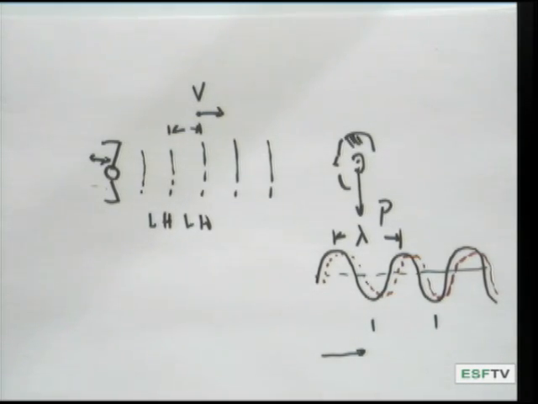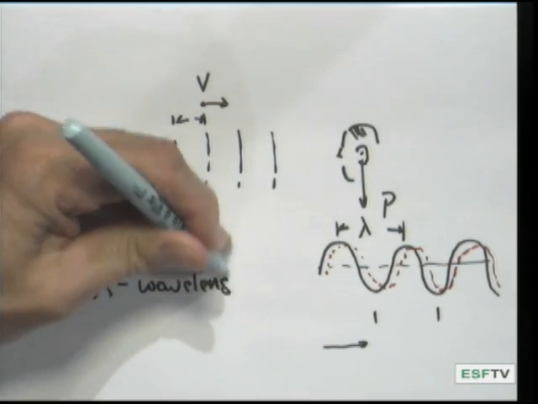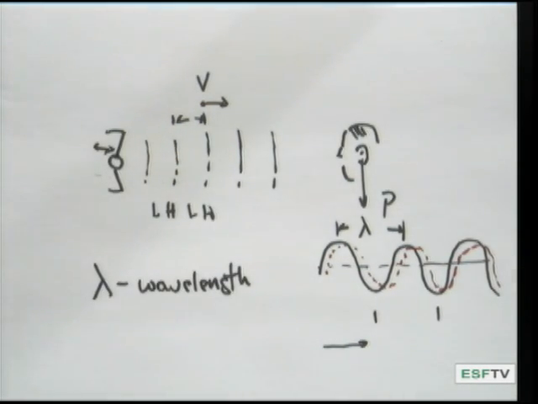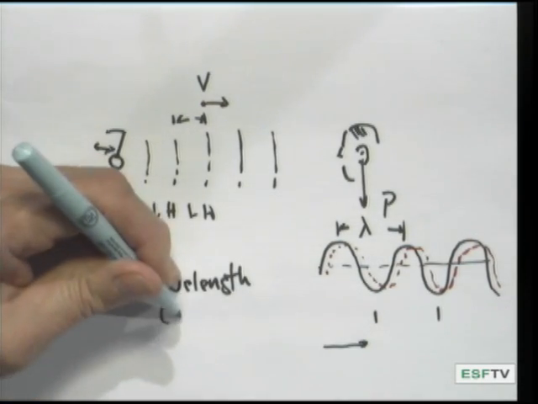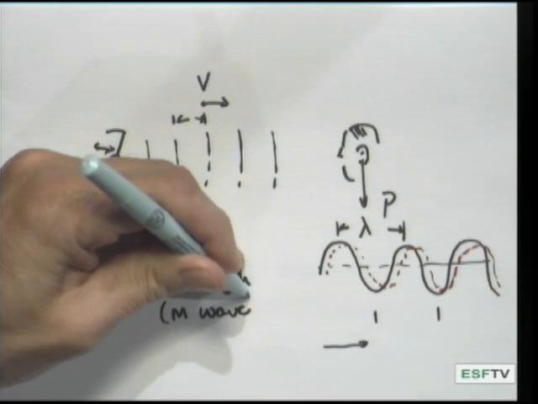And so when we talk about waves, we're talking about three fundamental quantities that we need to be able to quantify. One is lambda, or the wavelength, the distance between similar parts of the wave, and this has units of meters per wave.